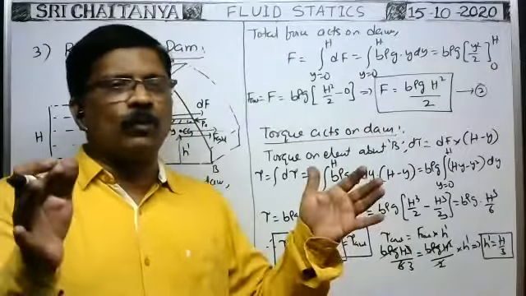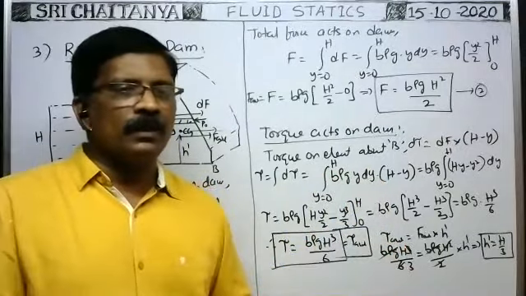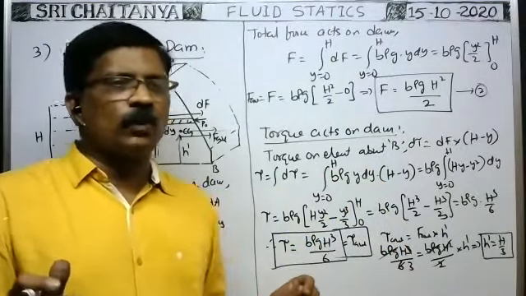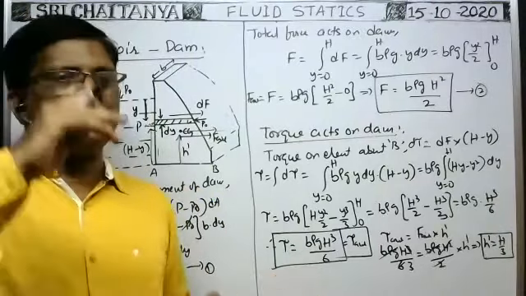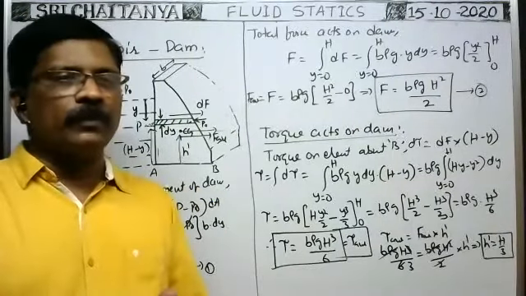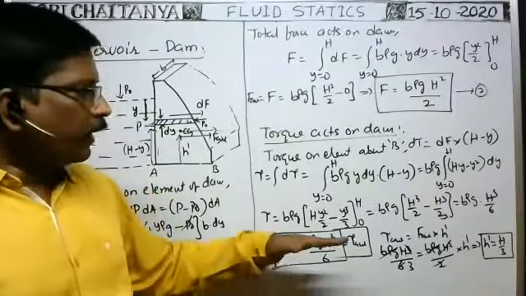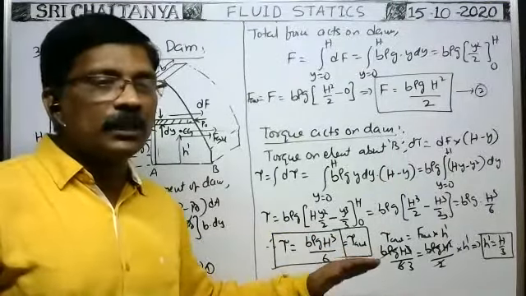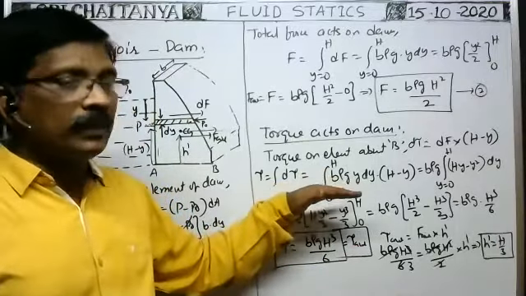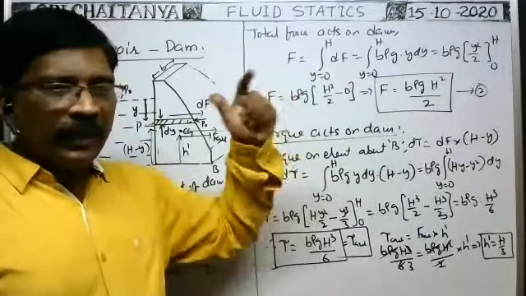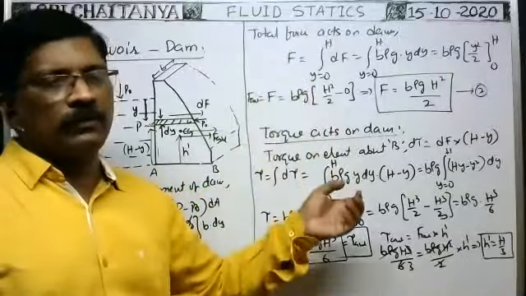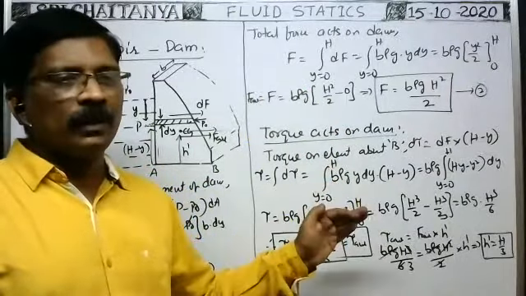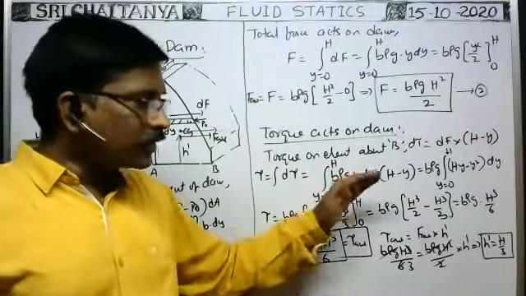While constructing water tanks on the terrace of the roof of a building in our houses, at a height h by 3 from the bottom of the tank, the force due to the entire water stored in the tank acts. The total force acts at that height.